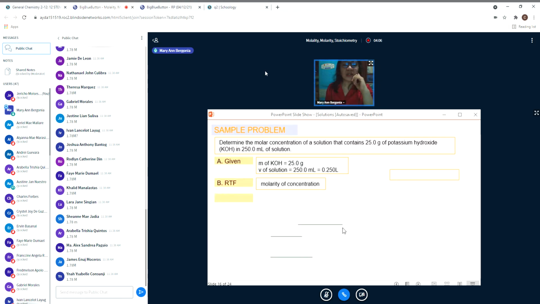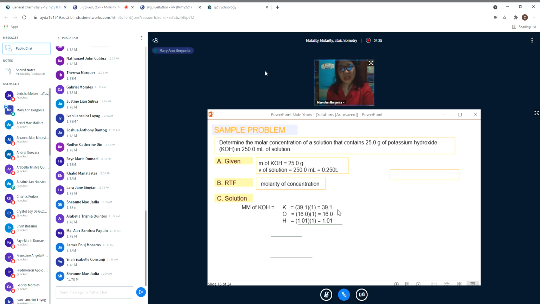So ang ating RTF, our RTF is the molarity of the concentration. So for our solution, kunin lang natin si molar mass of our potassium hydroxide. We have here potassium is equal to 39.1 multiplied by 1, and 16.0 multiplied by 1, and 1.01 multiplied by 1.